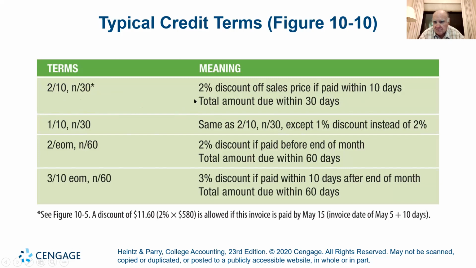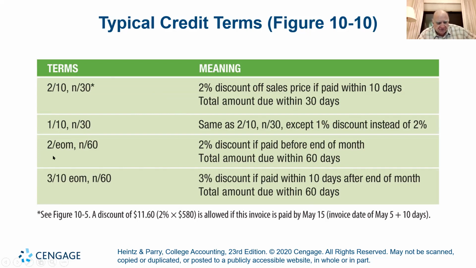Otherwise, they pay the net, meaning the total. 2/10, net 30. You have to know that like you know your own name. Customer, if they pay within 10 days, can take a 2% discount. But if they don't pay in 10 days, they must pay the whole amount in 30 days. Same thing here. 1%, 10, net 30.